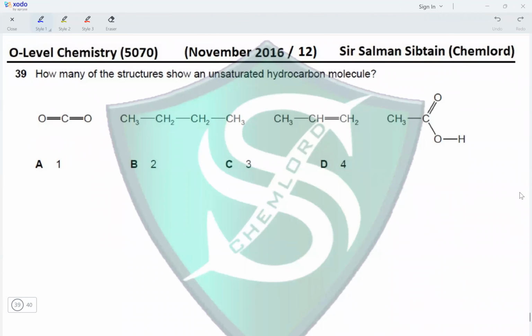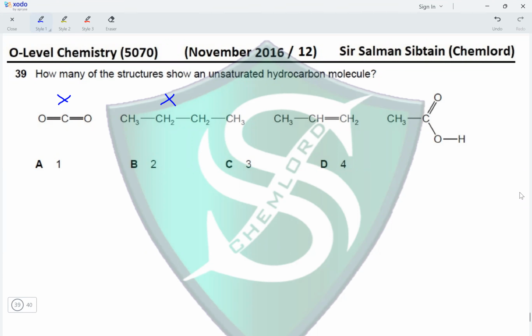Question 39. How many of the structures show an unsaturated hydrocarbon molecule? Okay, so compound 1 is unsaturated but is not a hydrocarbon. Compound 2 is an alkane, so it is not unsaturated.